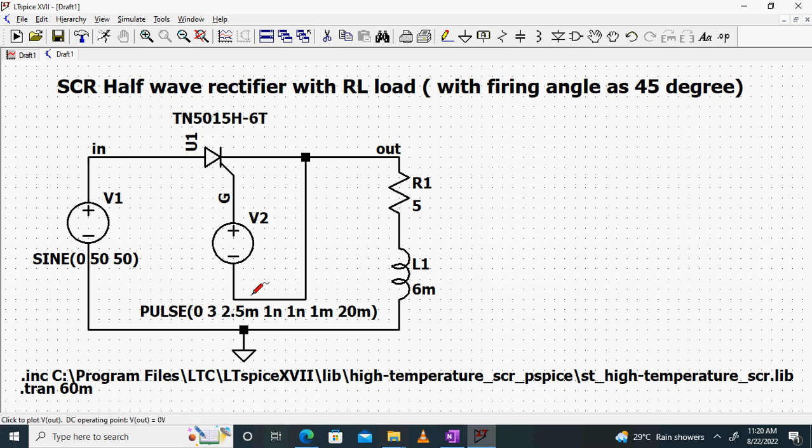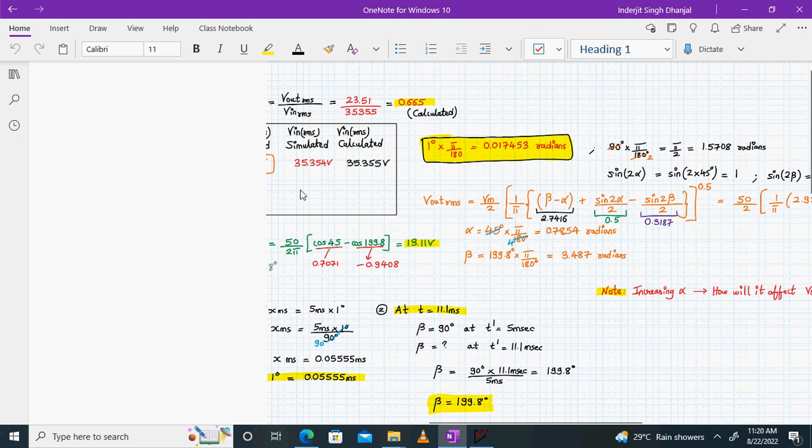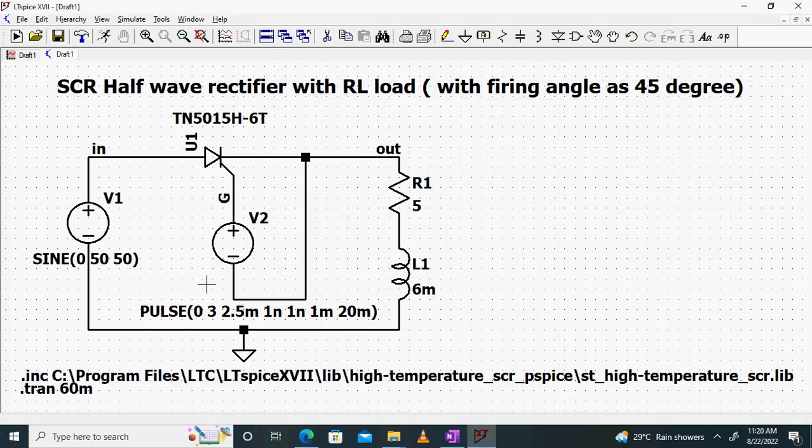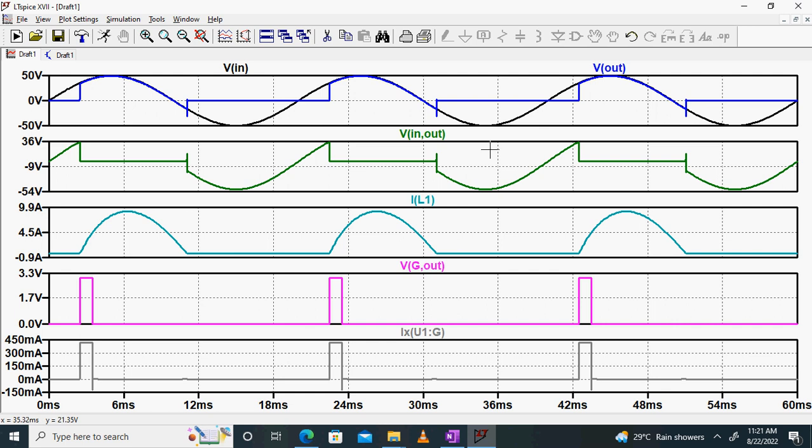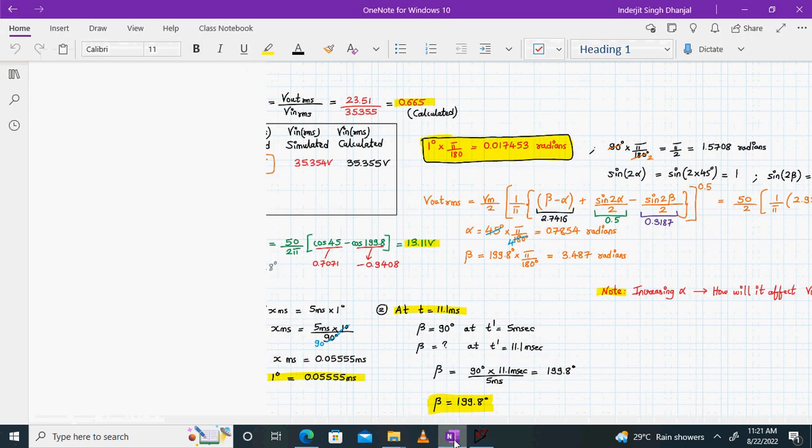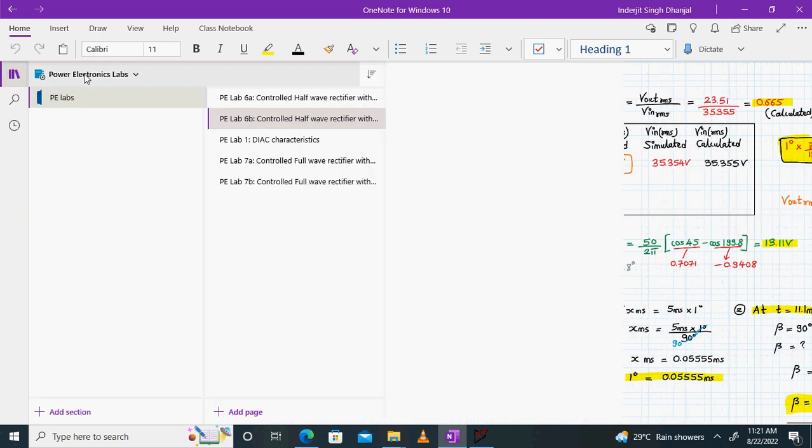You have to calculate that on your own. So you have to repeat this entire thing for 60 degree firing angle and calculate V out average, V out RMS, V in RMS, then the load current waveform, and also the power factor, right? It's taking some time to load again. Let us wait for that.